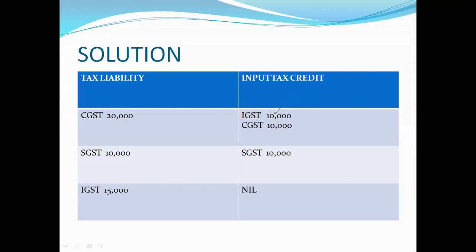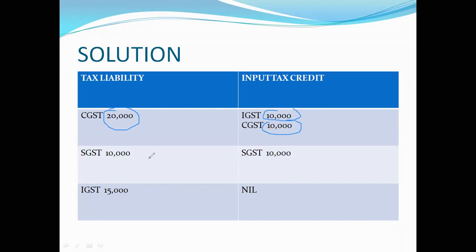What is this ITC? ITC is the amount, the balance, the benefit you are having with you. Okay. So for paying the central tax due, outstanding due, 20,000, we can use the amount of IGST and CGST.